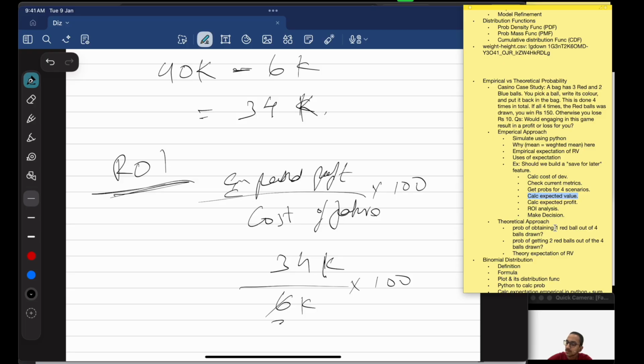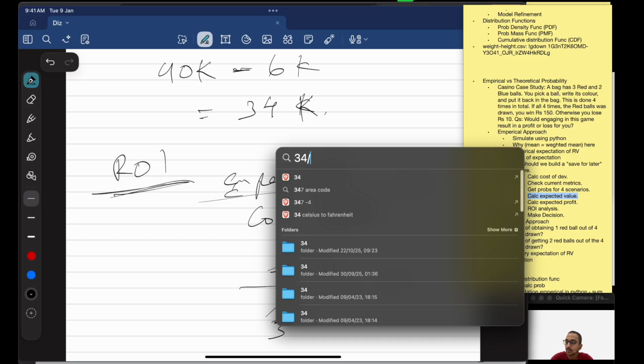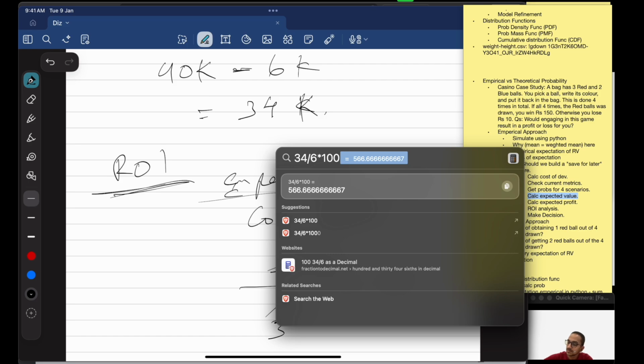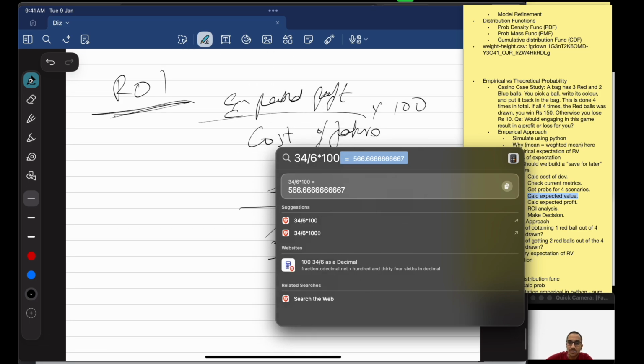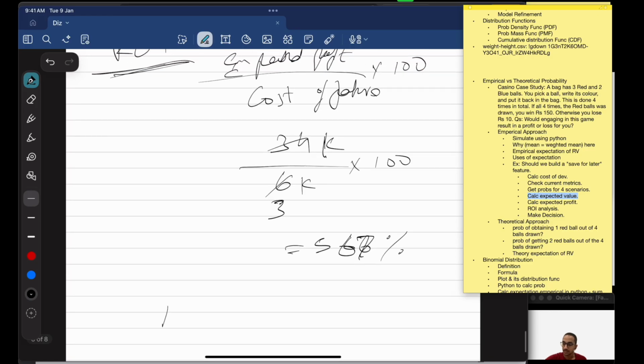That is 34 by 6 times 100, so it's a massive 567% return, right? Our ROI is 567%, which is pretty great. So clearly the decision should be that we'll build the feature, right?